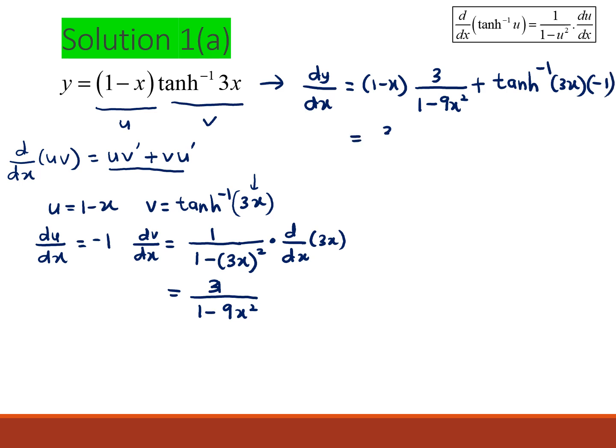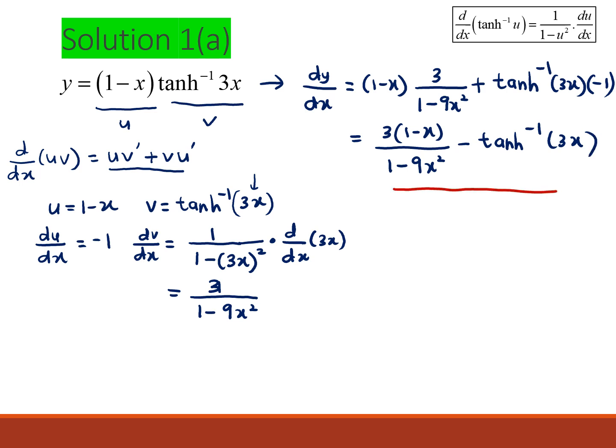So we simplify this, we get 3 times 1 minus x over 1 minus 9x squared minus the inverse of tangent hyperbolic 3x. So this is the derivative for question number 1a.